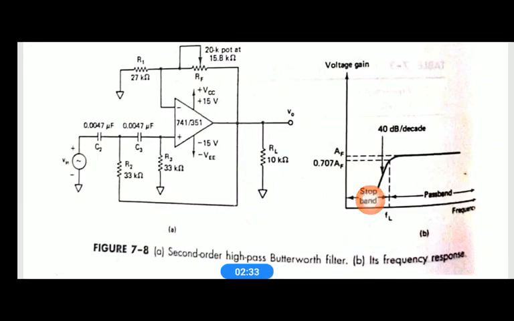In a first order, it is 20 dB per decade and 6 dB per octave. Here, 40 dB per decade and 12 dB per octave before FL, as you increase the frequency.